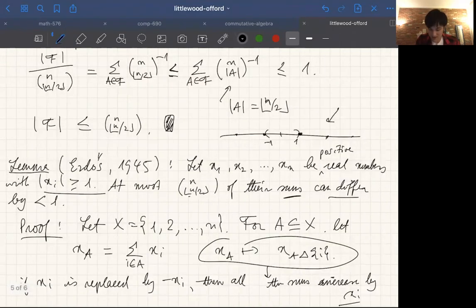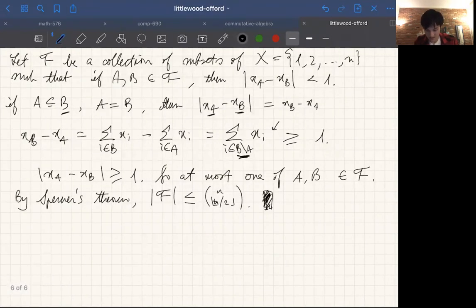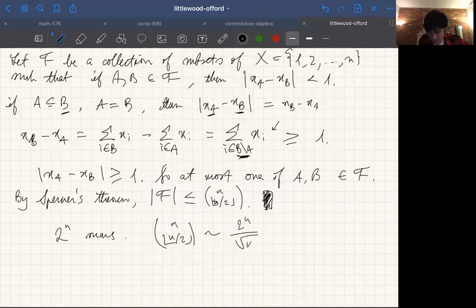So we have these real numbers, and they're all outside this unit ball. And if we form their sums, no more than n choose n over 2 of them can differ from each other by less than 1. It's not that good of a bound because there's actually 2 to the n sums, and n choose n over 2 is something like 2 to the n over square root n.